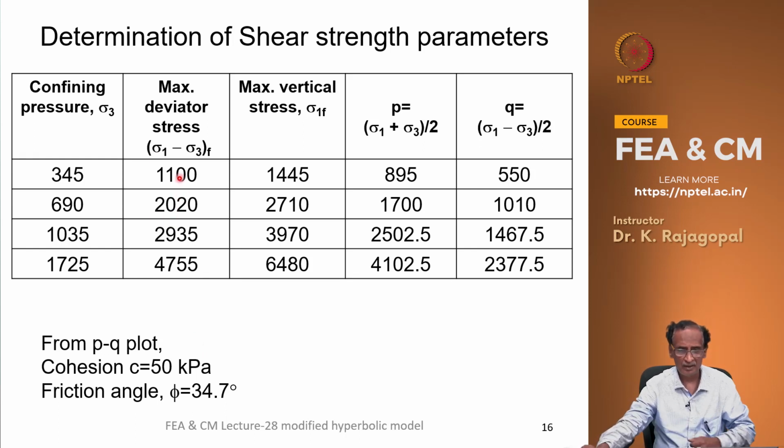And here we have data from 4 different triaxial compression tests performed at 4 different confining pressures of 345, 690, 1035 and 1725, and then these are the corresponding maximum deviator stresses: 1100, 2020, 2935, 4755, and then the maximum vertical stress is basically sigma 1 minus sigma 3 plus sigma 3: 1445, 2710, 3970 and 6480.